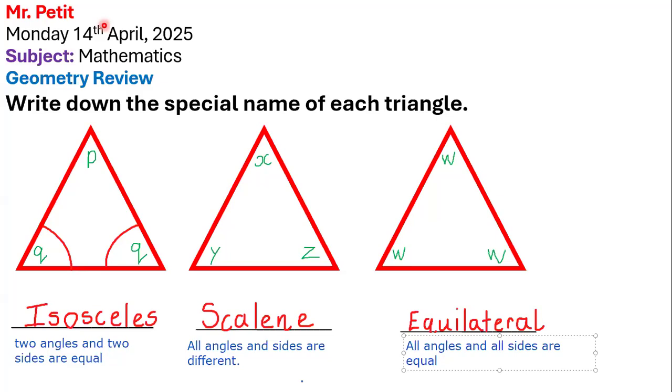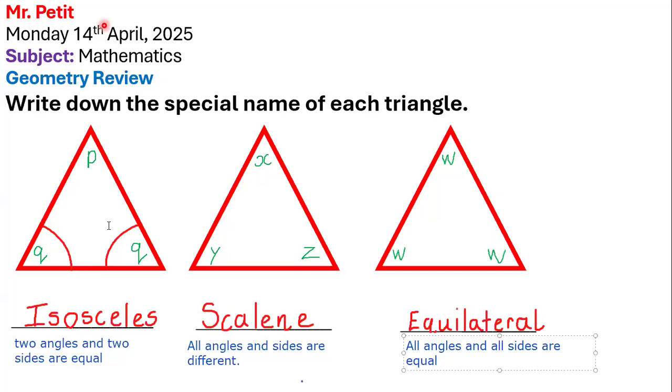Okay, Danielle, tell me what you understand about these three triangles. They have different sides and angles. So let's start off with isosceles. What do you know about an isosceles triangle? The isosceles has two angles and sides equal. What do you know about the scalene?